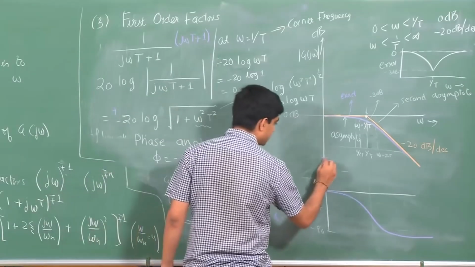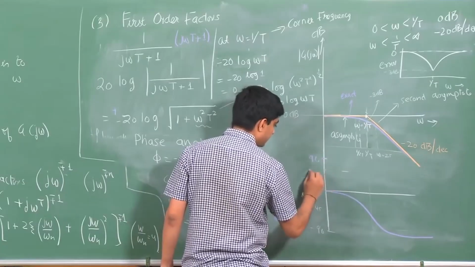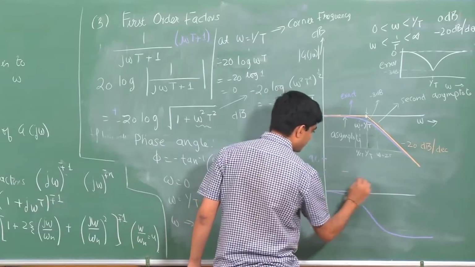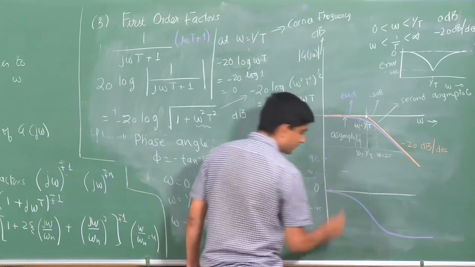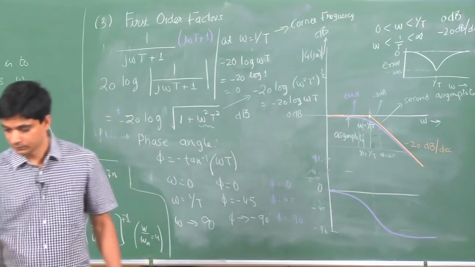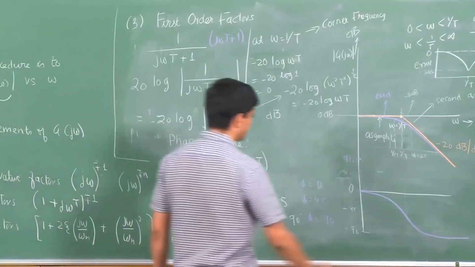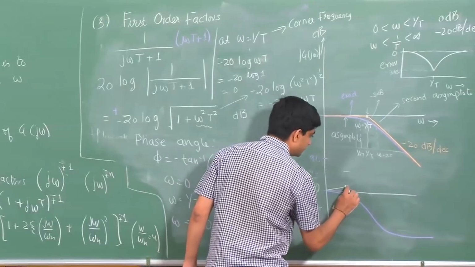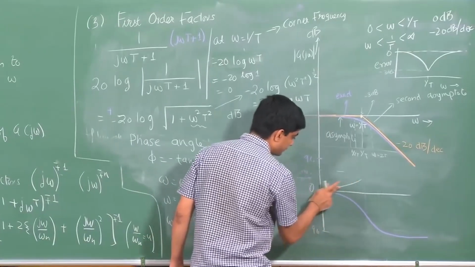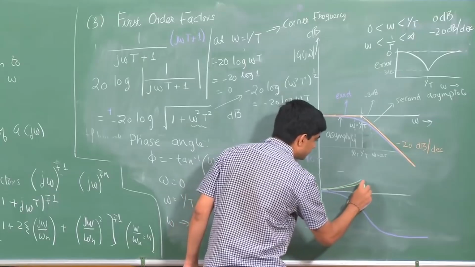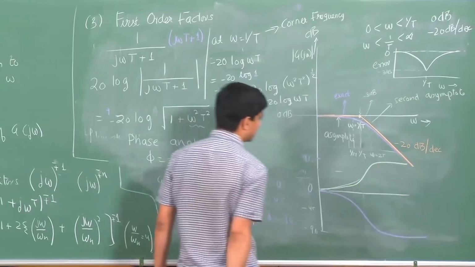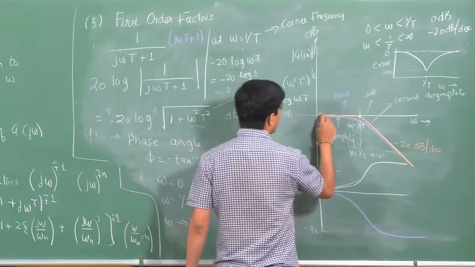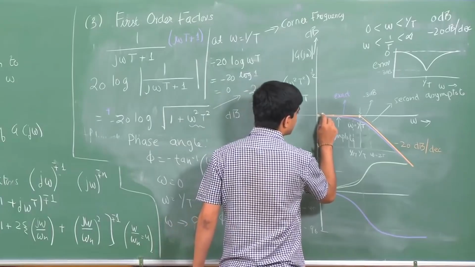So this is plus 90, 45, and the plot would look something like this, and the magnitude plot will again be the same.